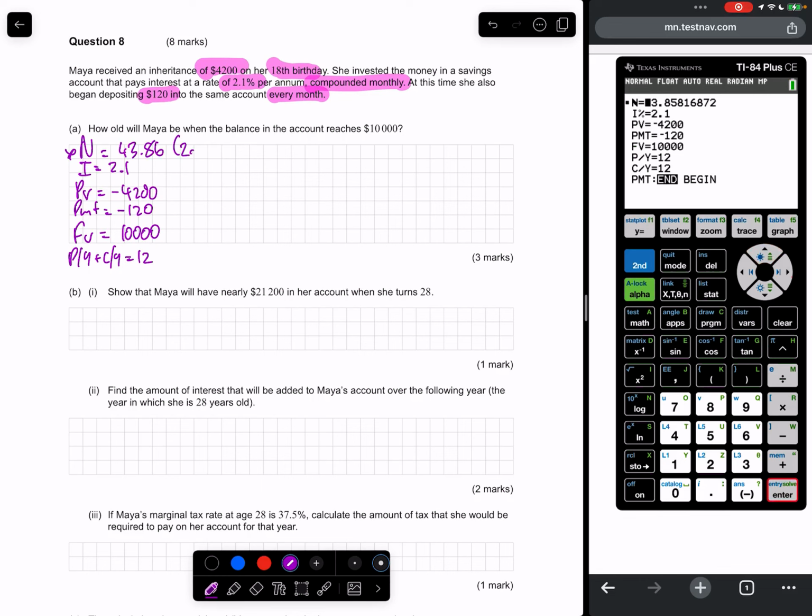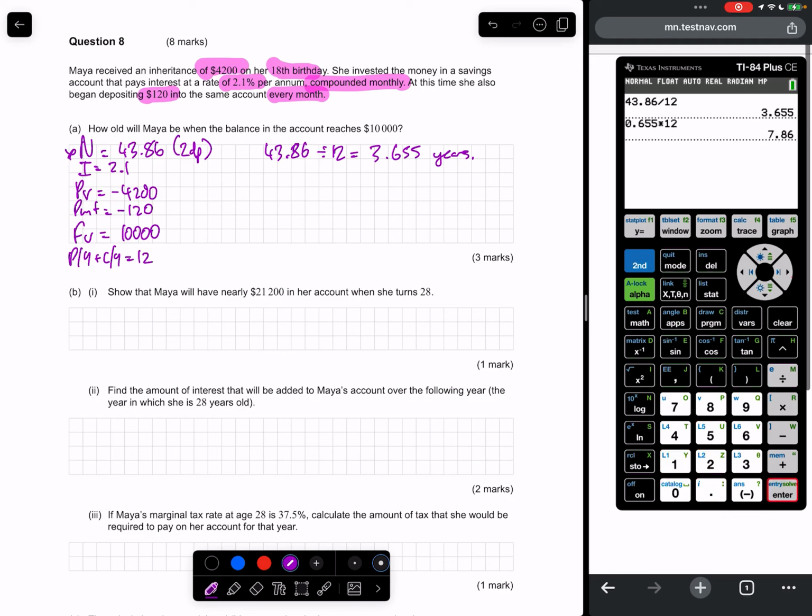43.86 months to 2 decimal places. 43.86 months divided by 12 is 3.655 years. 0.655 times 12 is 7.86, which is around 8 months.